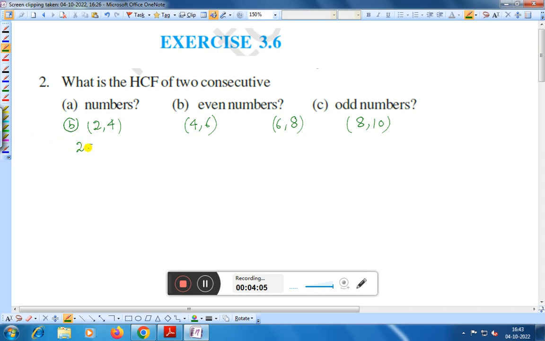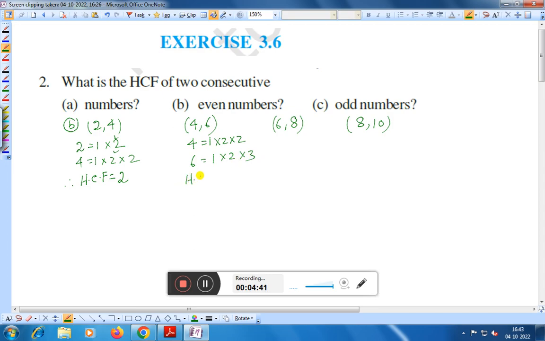Now 2 can be written as 1 into 2, and 4 can be written as 1 into 2 into 2. Therefore, the HCF of 2 and 4 is equal to 2. 2 is common. In this case, 4 can be written as 1 into 2 into 2, and 6 can be written as 1 into 2 into 3.